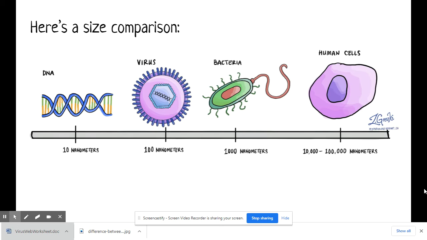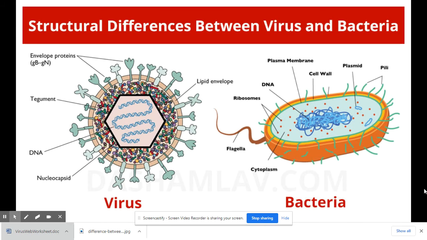There's a very unique structure to viruses compared to bacterial cells. And if you look at this slide in particular, you can really see that both are very simple, and they actually do have some things in common. You can see the pili around the bacterial cell, which are those little hair-looking structures.